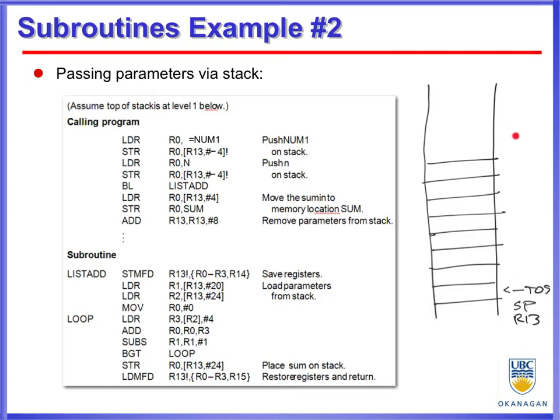This is lower addresses, this is higher addresses. So we take the address of this memory location, subtract 4, so we now get the address for this memory location. That is the effective address for this store instruction. Okay, so whatever's in R0 gets stored there. And what is currently in R0 is the address num1. So num1 is going to be stored there.